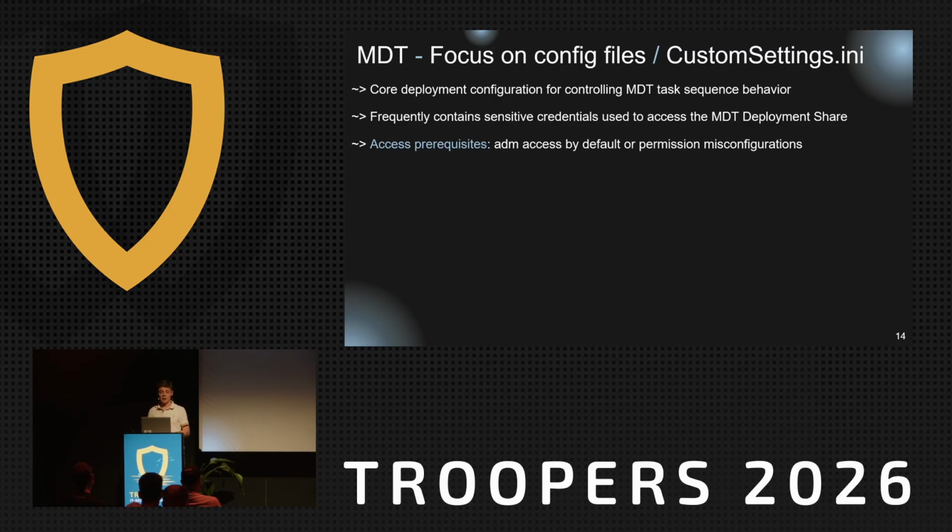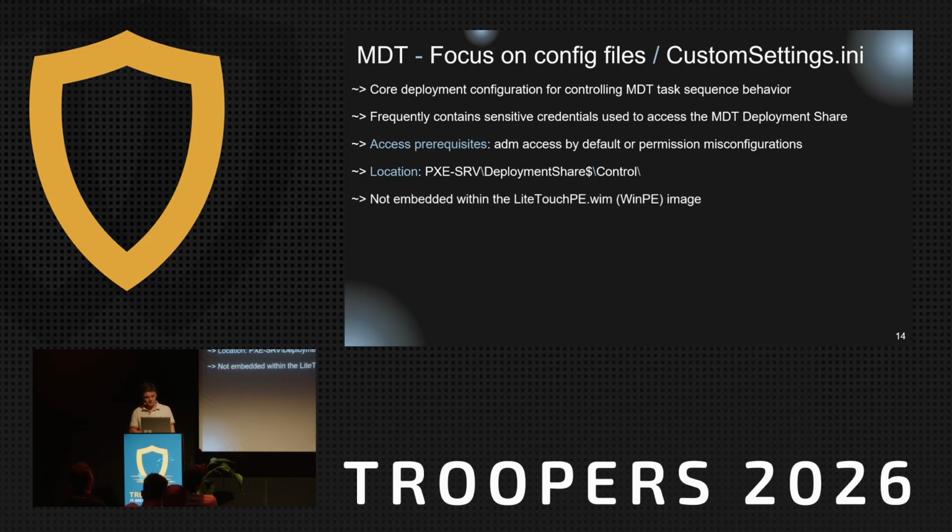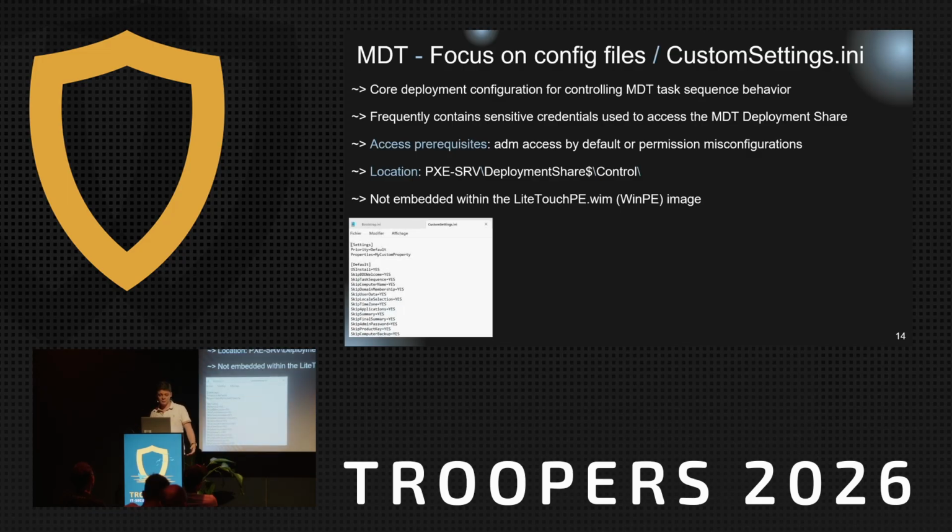And sometimes sysadmins misconfigure the deployment shares because they try to debug some things, etc. And after years, you can see this folder with a misconfiguration. So CustomSettings.ini is not embedded into the LightTouch.wim, so it's a pity for us.